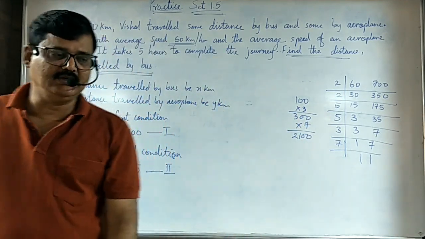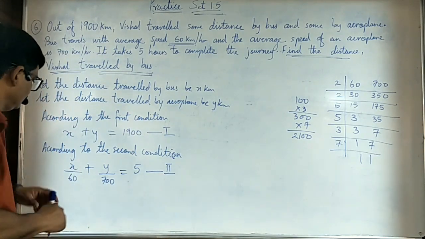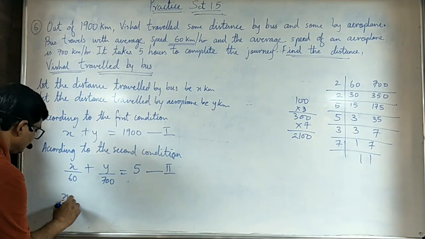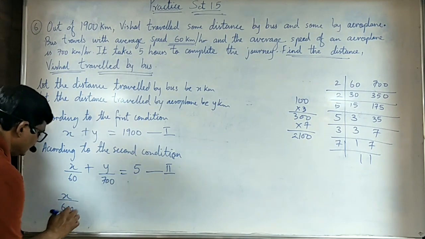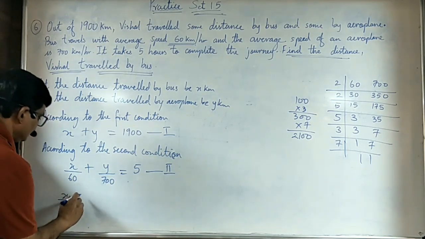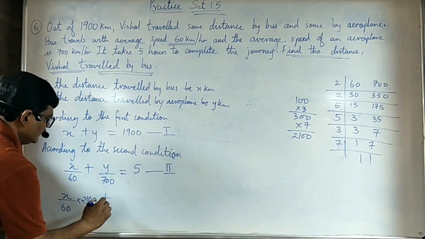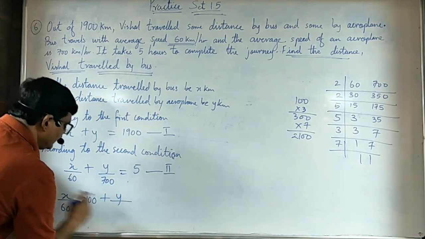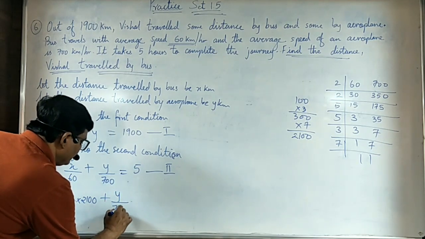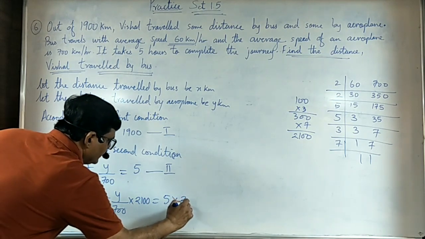So if you check this carefully, you have to multiply x upon 60 with 2100, plus y upon 700 into 2100, is equal to 5 into 2100.